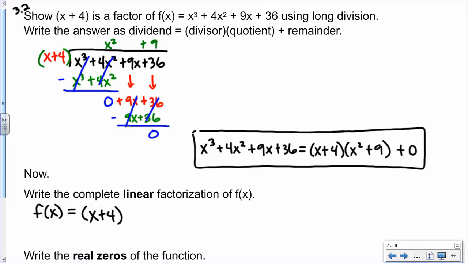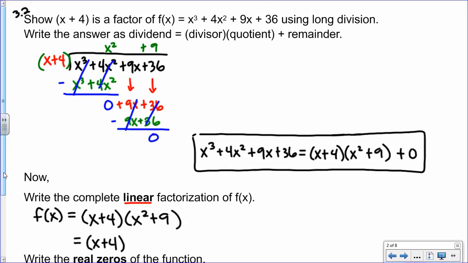And when I divided by x plus 4, I got x squared plus 9. So that's my other factor, but it says complete linear factorization. Is x squared plus 9 linear? No, so I have to factor that more. So I'm going to talk about that.